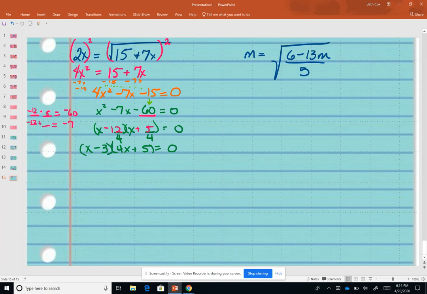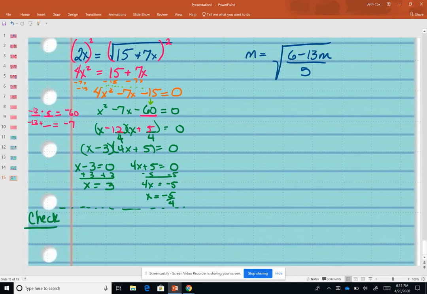So now I need to take each factor, set them equal to 0, and solve. I get x equals 3. And I'm going to solve this one by subtracting 5 and dividing by 4. Get that. Okay, so those are my two answers, but I have to check them.